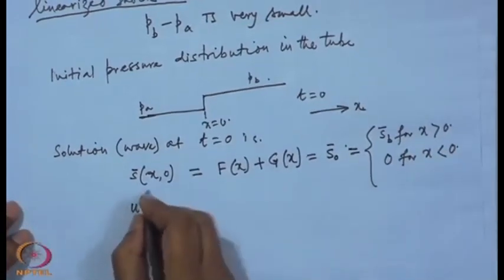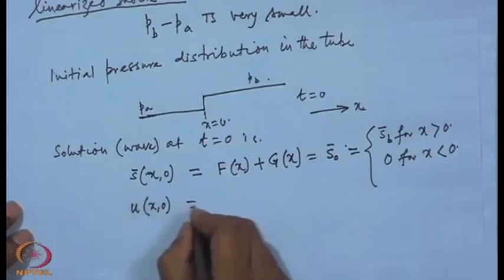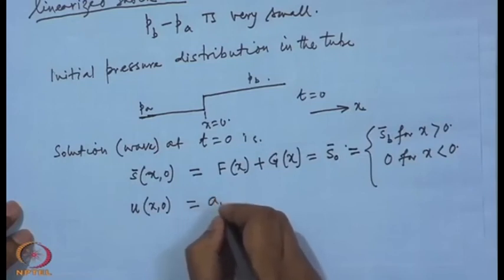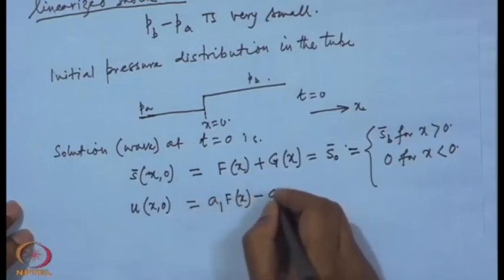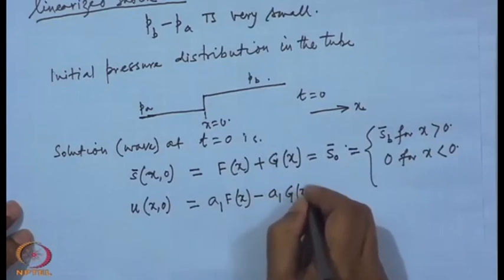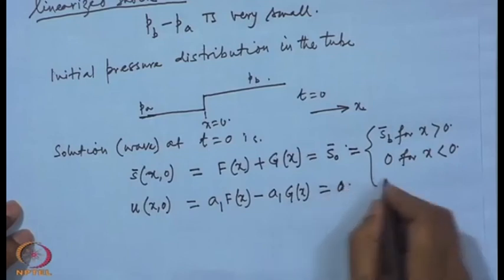The particle velocity is 0 everywhere. So we can write a 1 f x minus a 1 g x equal to 0 for all x.